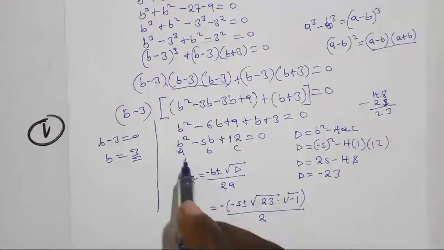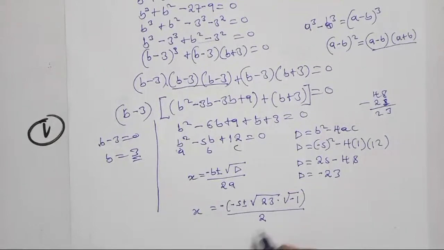For a we have 1, so 2 times 1, which is 2.